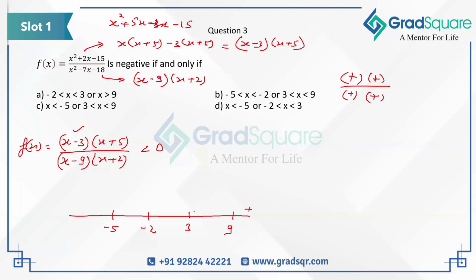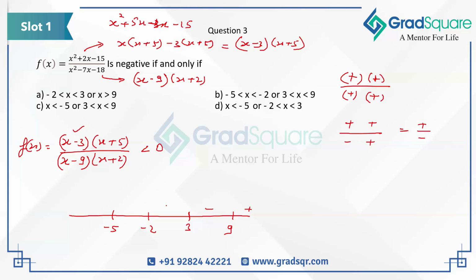Now, go to the next piece, between 3 to 9. What is going to happen? Between 3 to 9, x minus 3 will be positive, x plus 5 will be positive, but in the denominator, x minus 9 will be negative, and x plus 2 will be positive. So, positive into positive divided by negative into positive is a positive number divided by a negative number, which is a negative number. So you are going to get a negative over here.